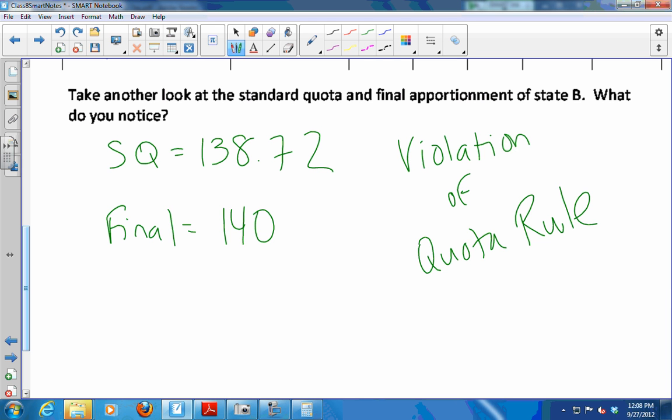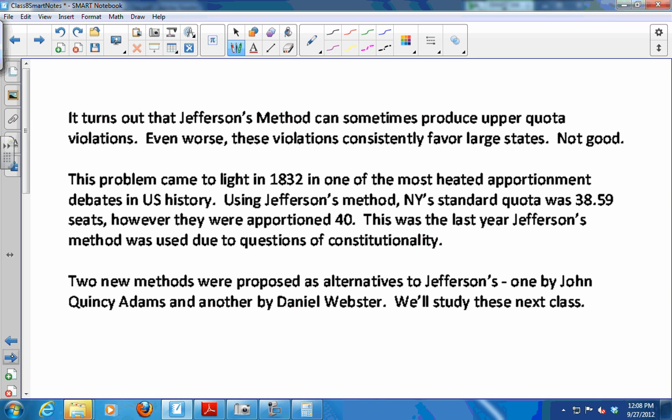So we have a flaw, right? Jefferson's method was great, but now we have a flaw. It turns out Jefferson's method can sometimes produce upper quota violations. And even worse, those violations consistently favor large states. The states that end up getting more seats than they should are always the large ones.